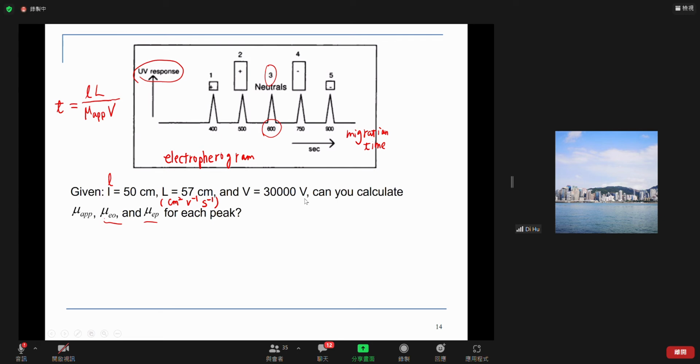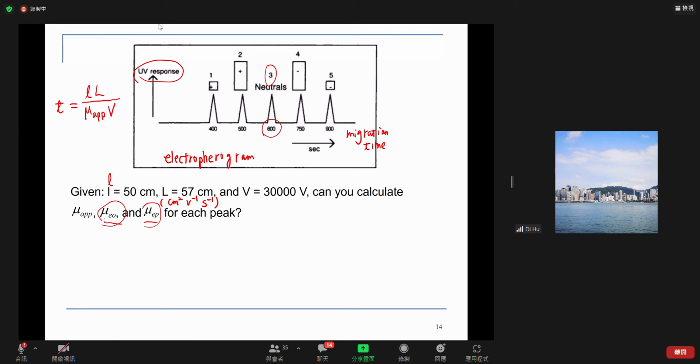But how can you know the mobility of electroosmotic flow and electrophoretic mobility? Which one do you need to start first? Can anyone tell me what is the starting point? Now you have 5 peaks. So which peak is the one you're going to calculate?